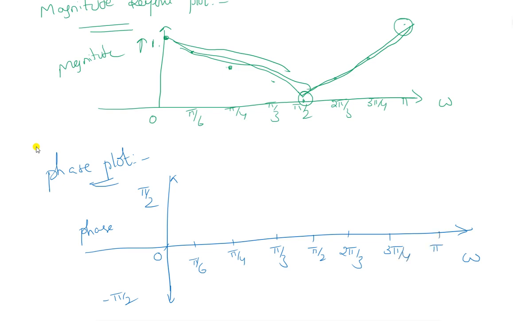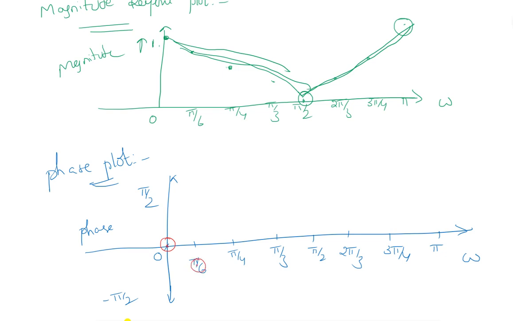For omega 0, its value is equal to 0. For pi by 6, its value is equal to minus pi by 6. The range is pi by 2, so somewhere it exists like that.